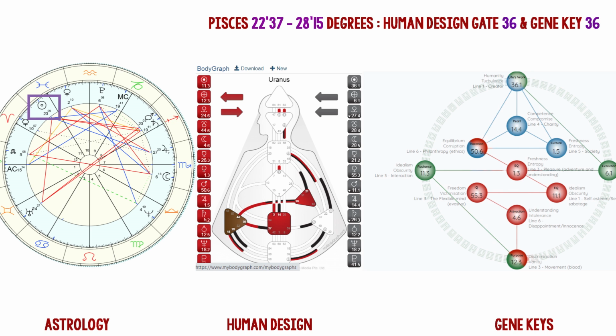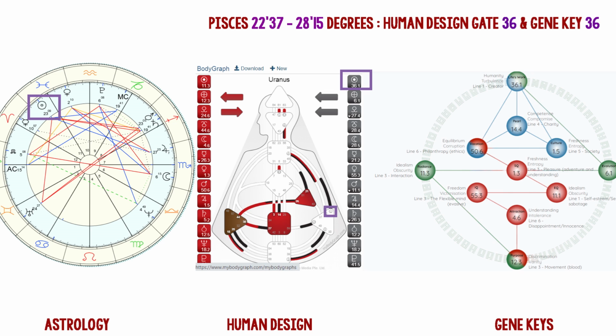So if you have anything at 22 degrees of Pisces, it falls under this particular gate and gene key. At 27.5 degrees, it will also fall under this gene key and this human design gate. But if you have something at 21.5 degrees of Pisces, it won't fall in this gate and gene key.